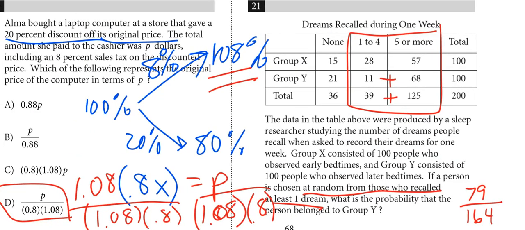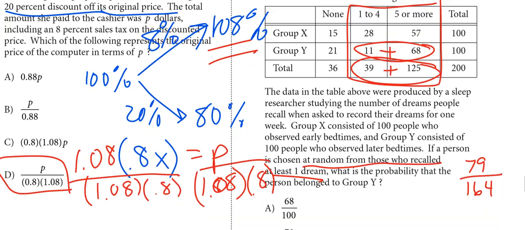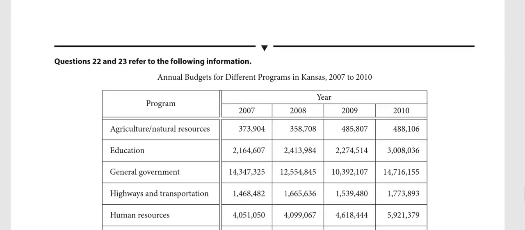I looked for the chart to see where at least one was, and then I took Group Y and divided by the total of those two columns together. If I go too fast, let me know.